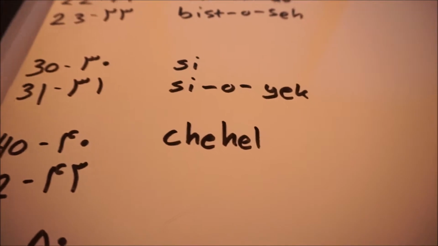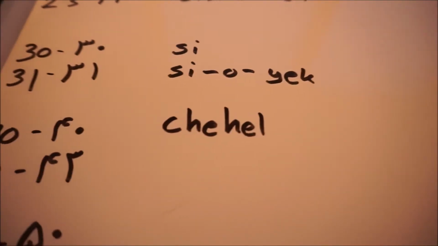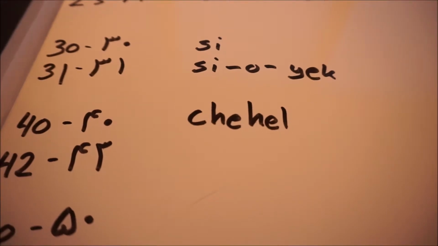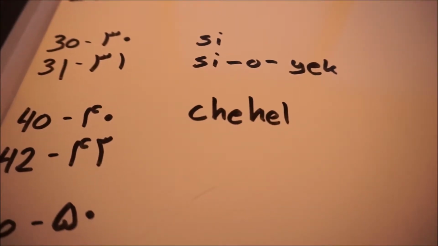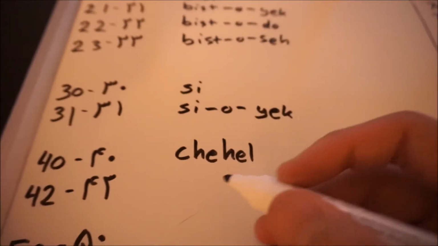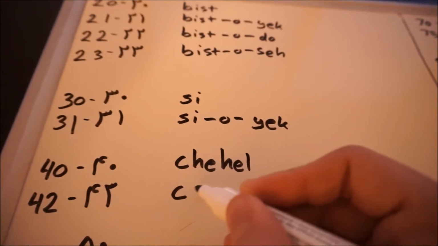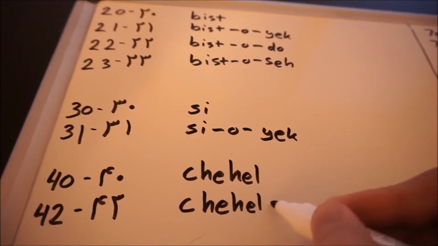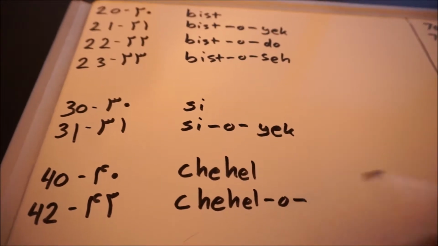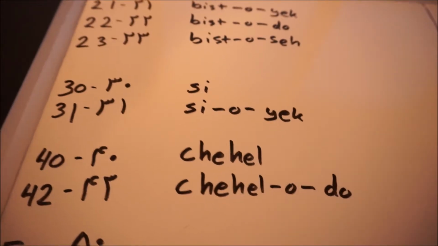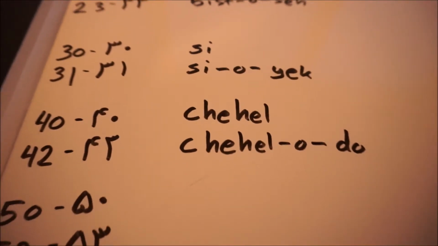So you will quickly start to discern that the 10 words here are not too different from the ones words. So number 4 was chahar, and number 40 is chehel. And we just continue onwards like we did before. So 42 here would be chehel, because it's the 10, and the o sound for "and", and do for 2. So chehel o do for 42.